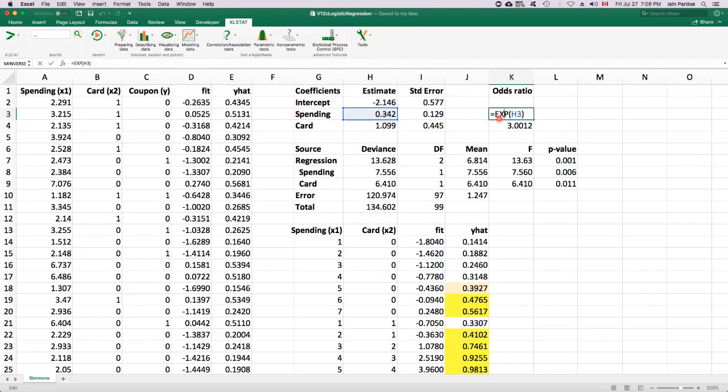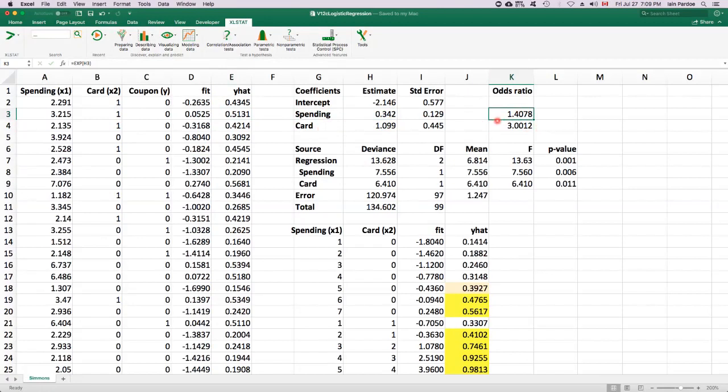We do that by exponentiating the number, taking e to the power of 0.342 and e to the power of 1.099. And we get these results here. And this represents the change in the odds of increasing spending or having a credit card.